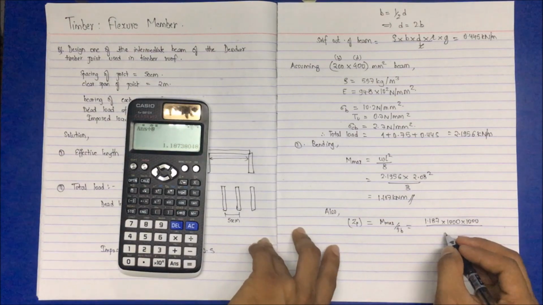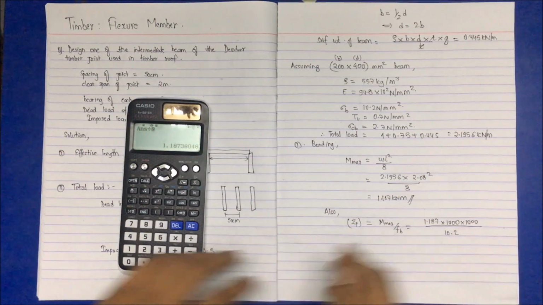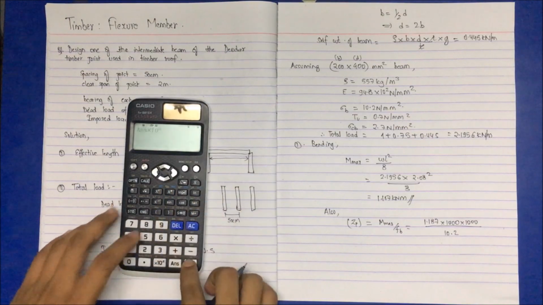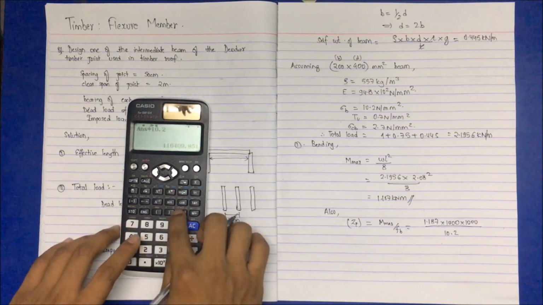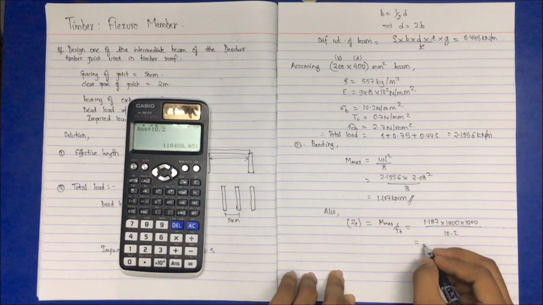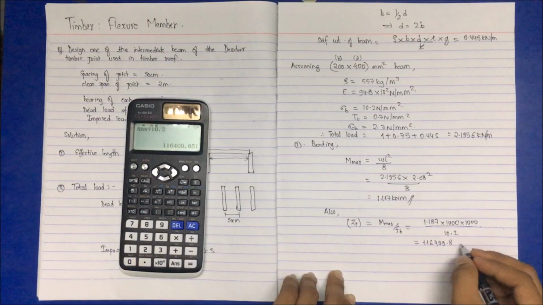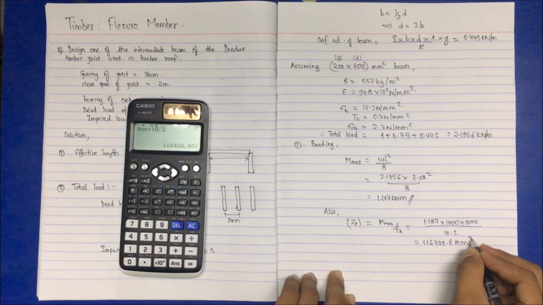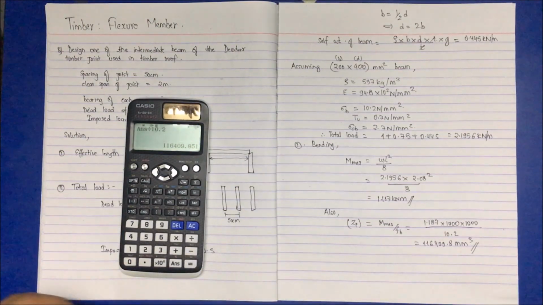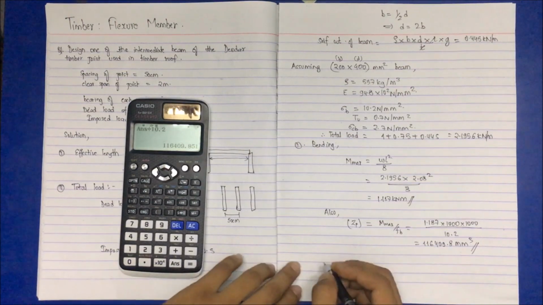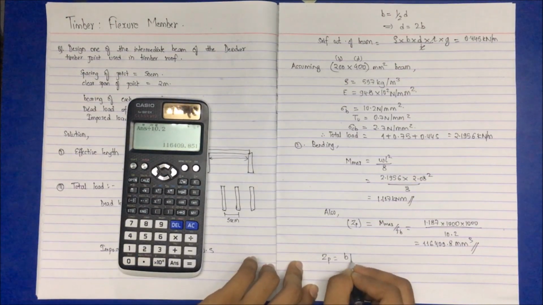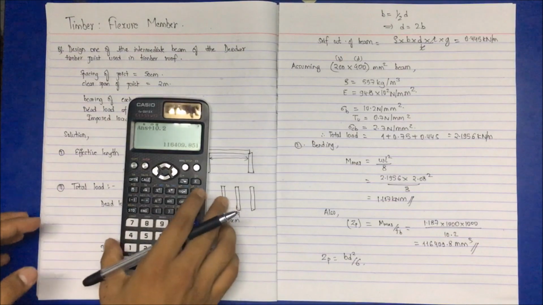FB we have found to be 10.2. So we get this as 116,409.8 mm cube.